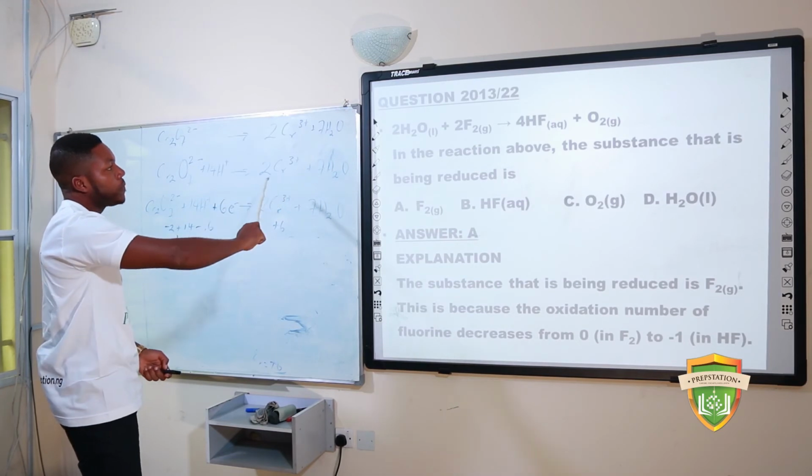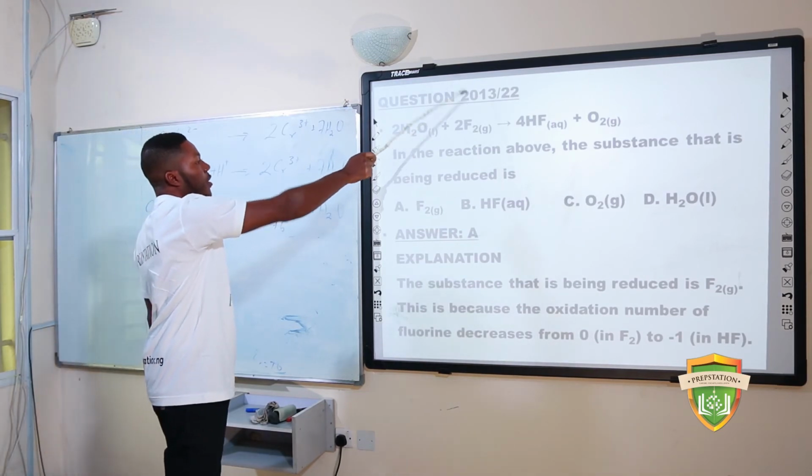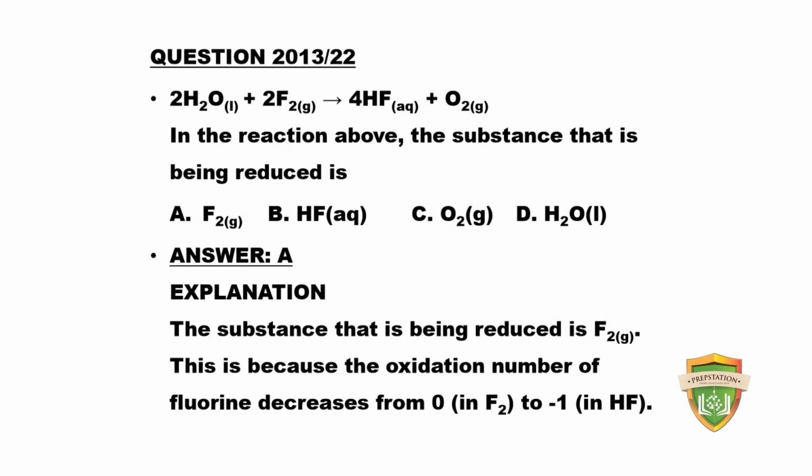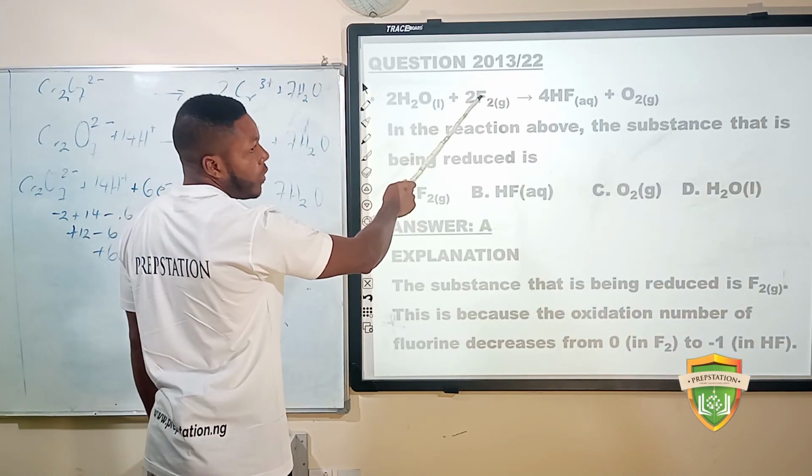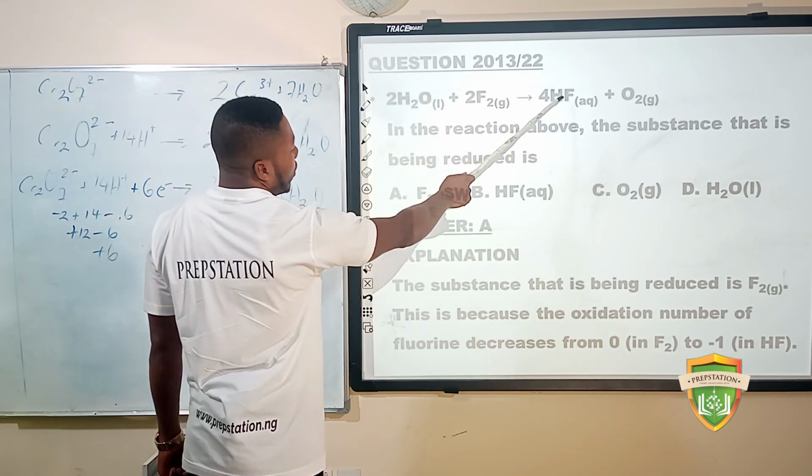Question 22 in year 2013. In the reaction above, the substance that is being reduced is, now let's look at the explanation here. The substance that is being reduced is F2. How do we get F2? Now from F2, this is 0. The charge of F2 is 0. Here is minus 1.